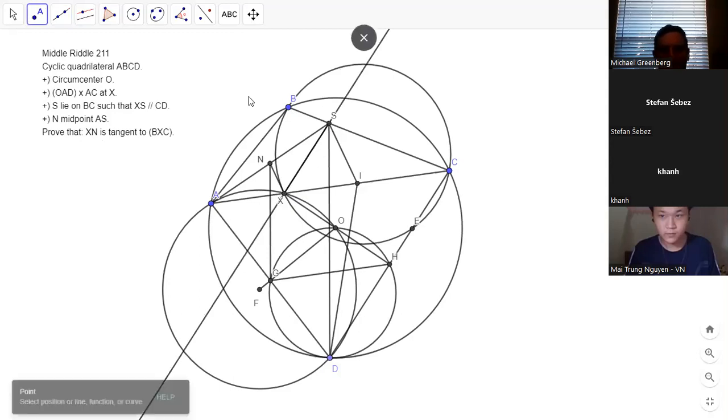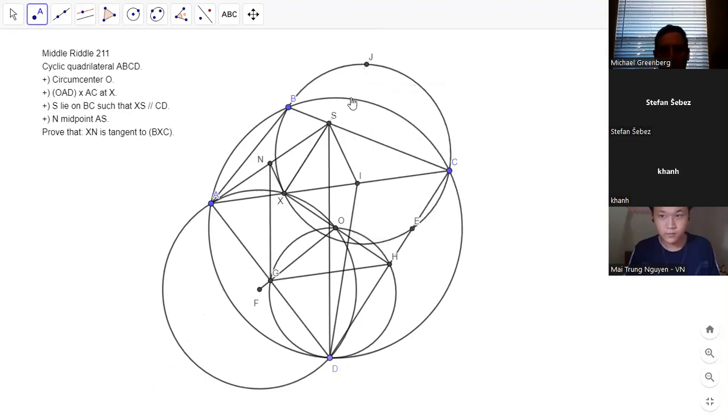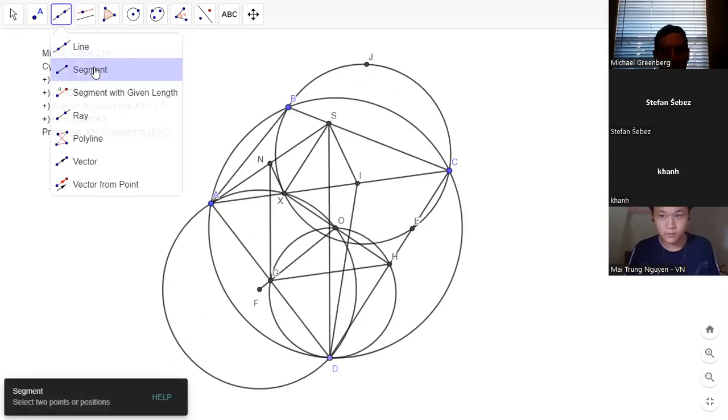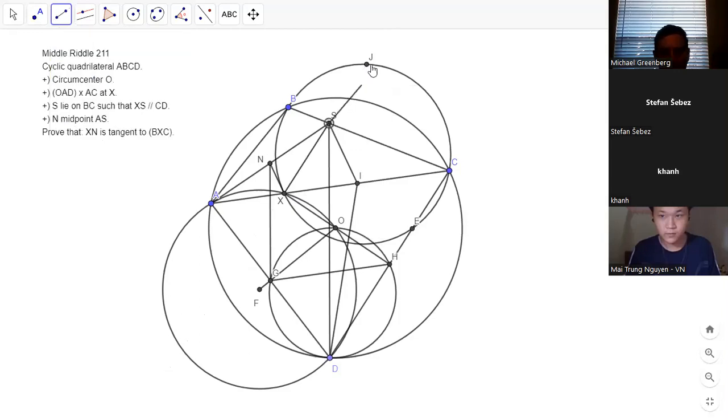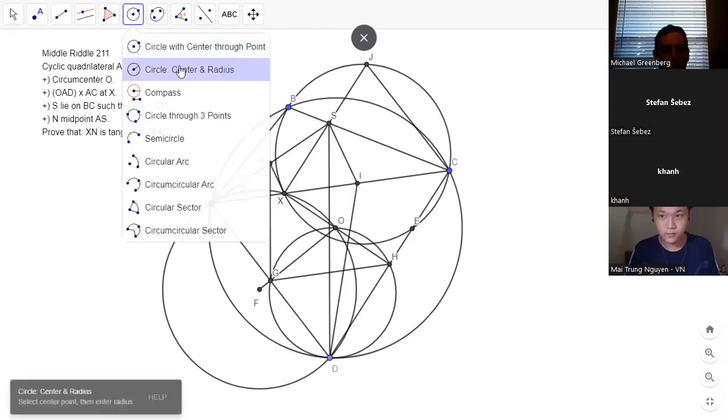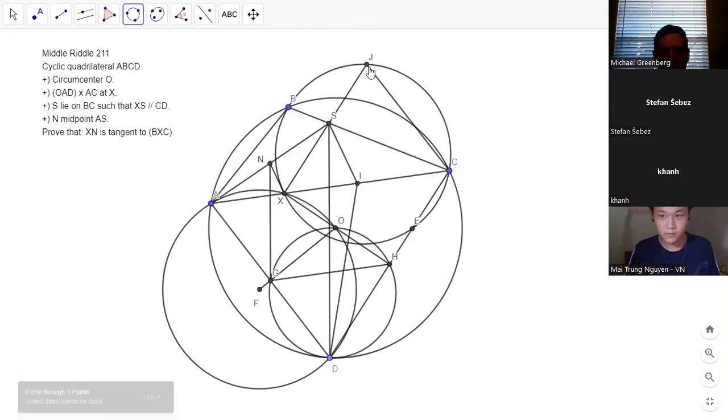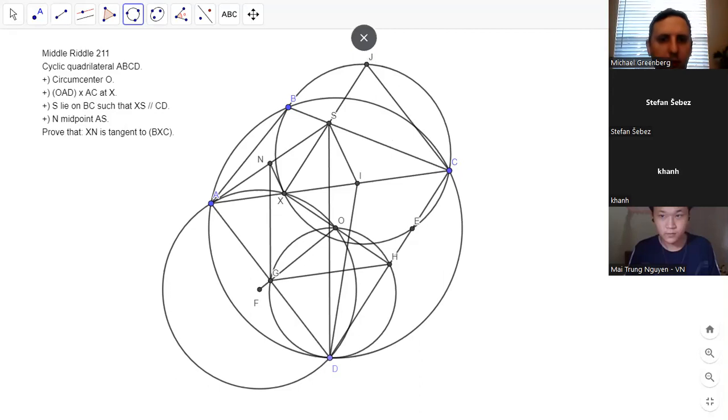But SIA, so basically we want to show SICJ is cyclic. I think that's what we want to show. Maybe not. Let's see. Oh yeah, okay. So it's equivalent to showing SICJ is cyclic.